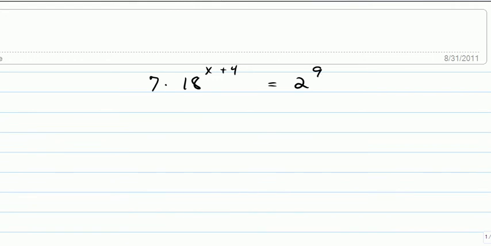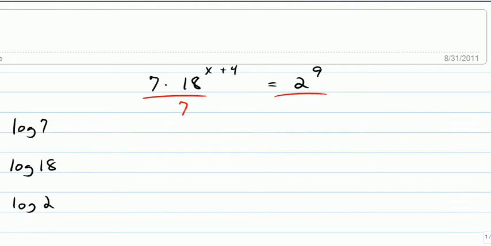Okay, so students, this is the type of problem certainly when you start with students, even if we're working base 10, they'd have a tendency to go, okay, I'm going to need the log of 7, the log of 18, the log of 2. It can be done that way, but we could certainly divide both sides by 7 to start.